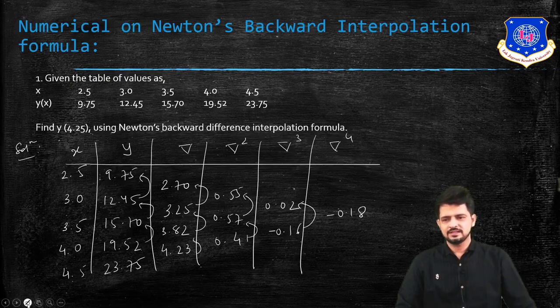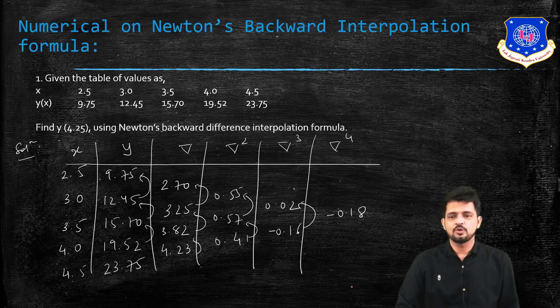See, the thing that you have to remember here is, in the backward interpolation formula, we have to take the last value of the table. What we were doing in Newton's forward interpolation formula, we were taking the first value. Here we have to take the last value. This is our last value of y, then nabla, nabla square, nabla cube and nabla raised to 4.